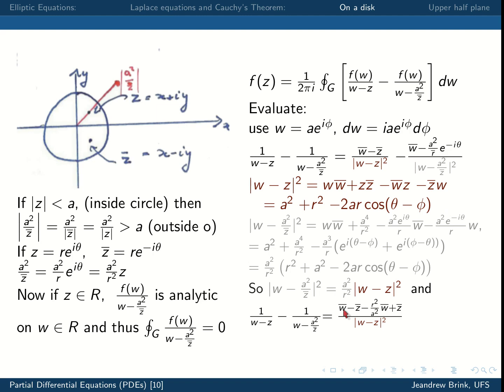What we can do next is simplify the problem, because we have a z bar minus z bar here and a z over there, and we get w times 1 minus r squared over a squared over this norm.